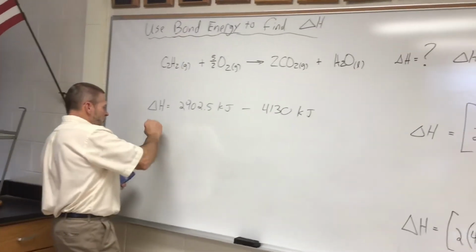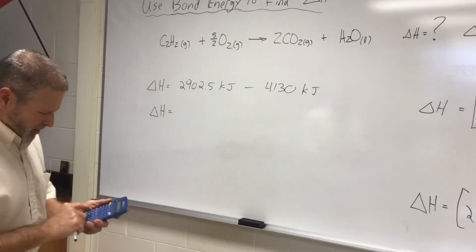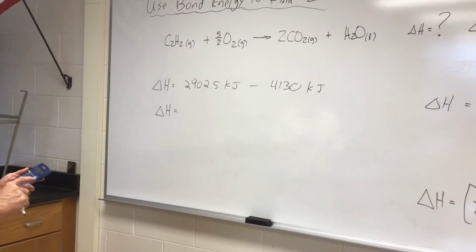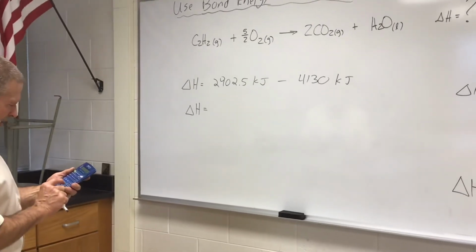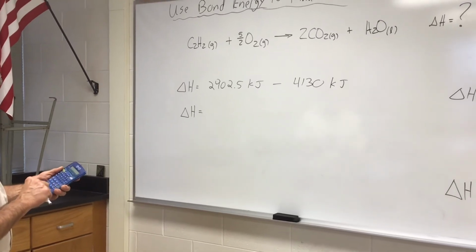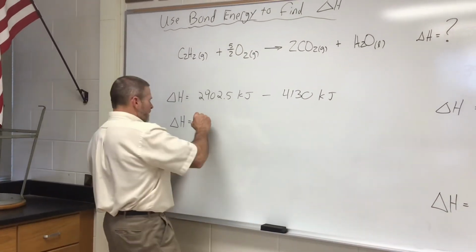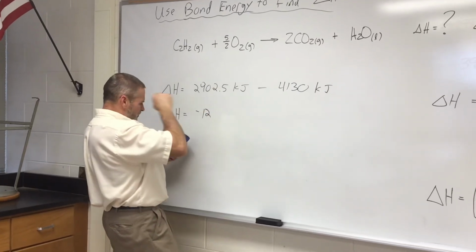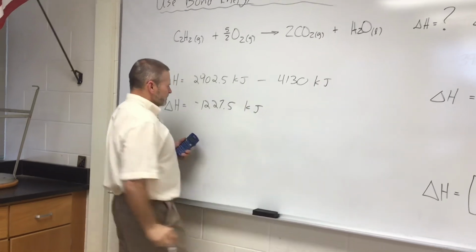So drum roll finally. What's delta H? 2902.5 minus 4130. I get negative 1227.5 kilojoules.